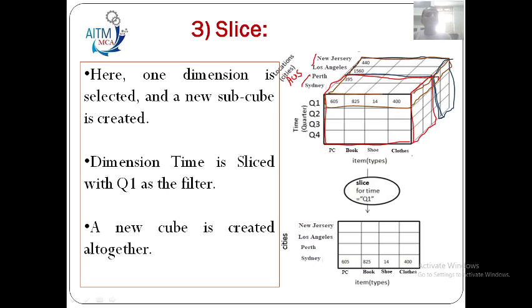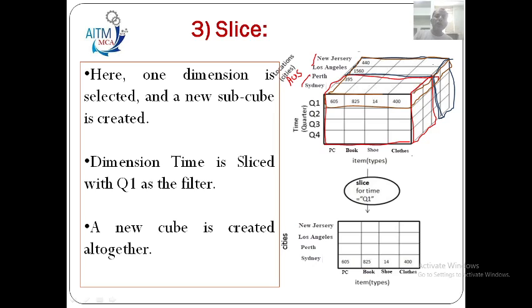So this is how you can perform these operations. It means you can make the cube into a number of slices. The red color slice will give you only Australia information. The blue color slice will give you USA information.